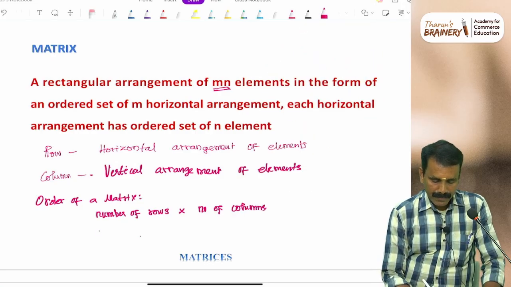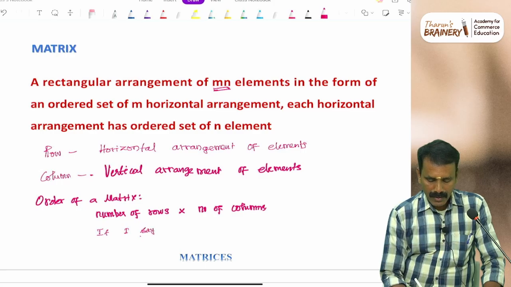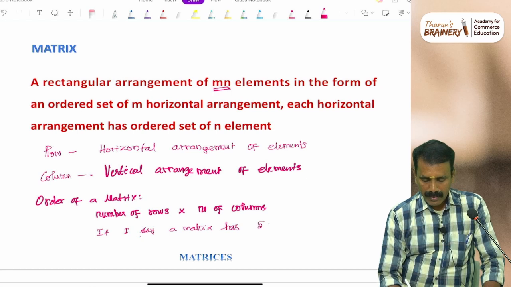If I say a matrix has five rows and four columns, then the order is 5 by 4.